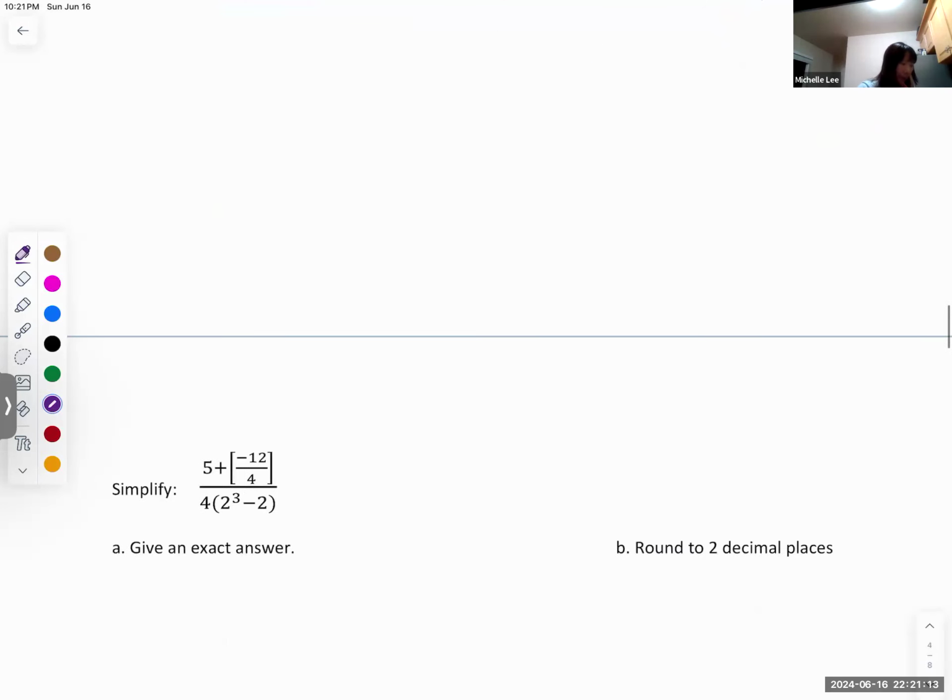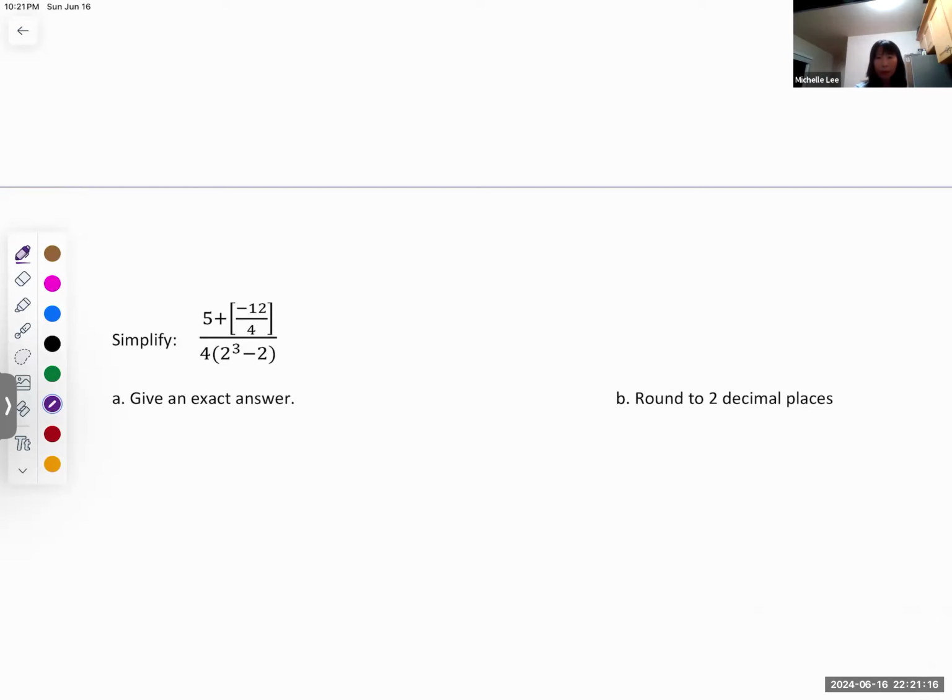Okay, let's move on. Let's simplify this one. There will be brackets first. So we will have 5 plus negative 12 divided by 4, which is negative 3, over, and inside the parentheses, 4 times 2 to the third, which is a minus 2. Okay, we still need to simplify inside the parentheses, but we can do that separately, numerator and denominator.